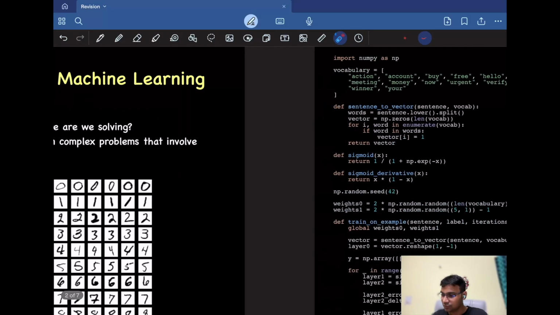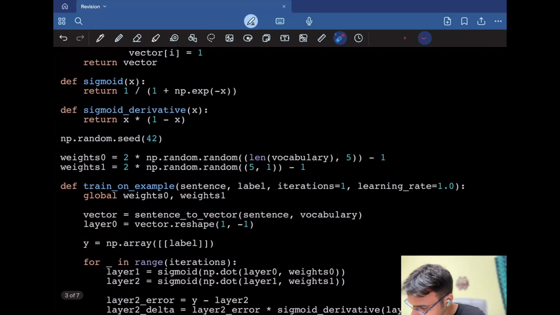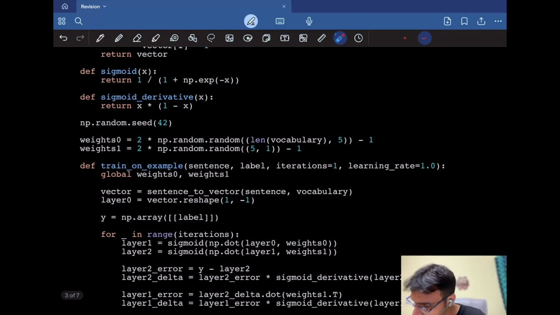If we go into the code, we will see this is our layer one, and these are the weights. This is layer zero.